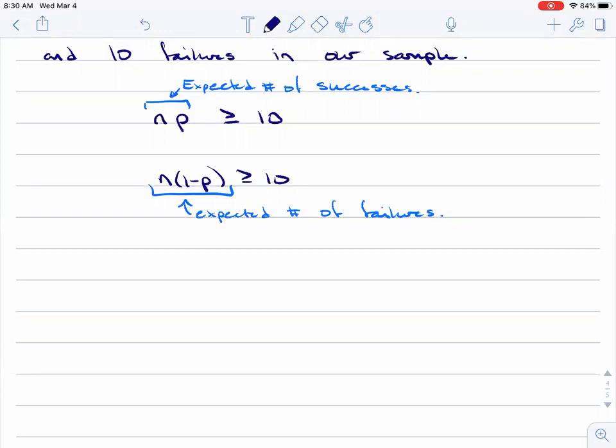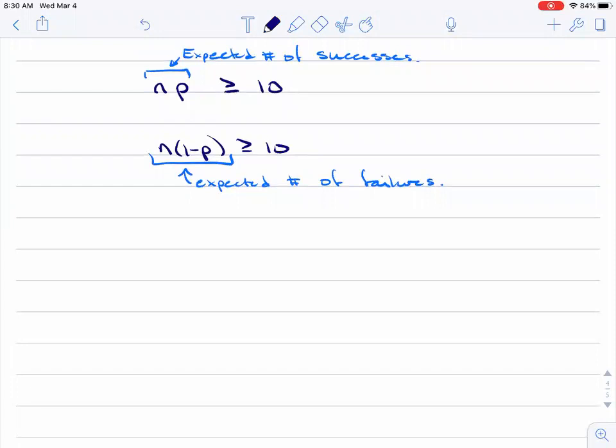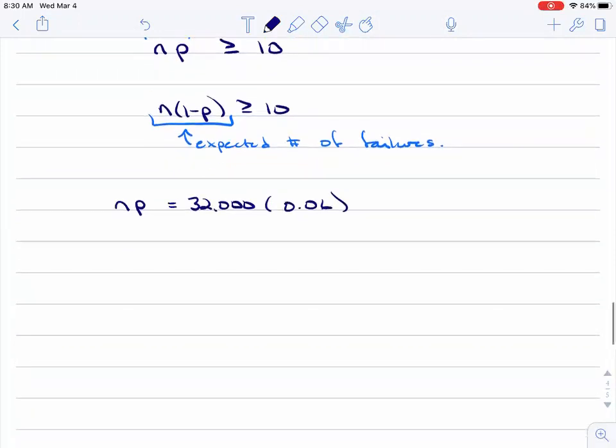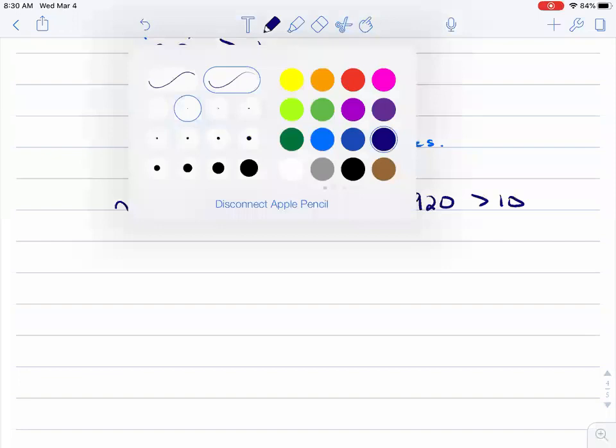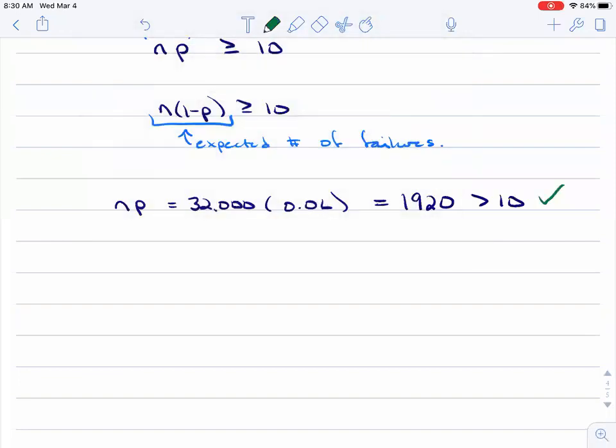So in our case, we can check n times p is going to be 32,000 times 0.06, 1,920, which we actually already found, right? Which is greater than 10. And so I'll put a green check mark there. 1,920 is larger than 10, great.